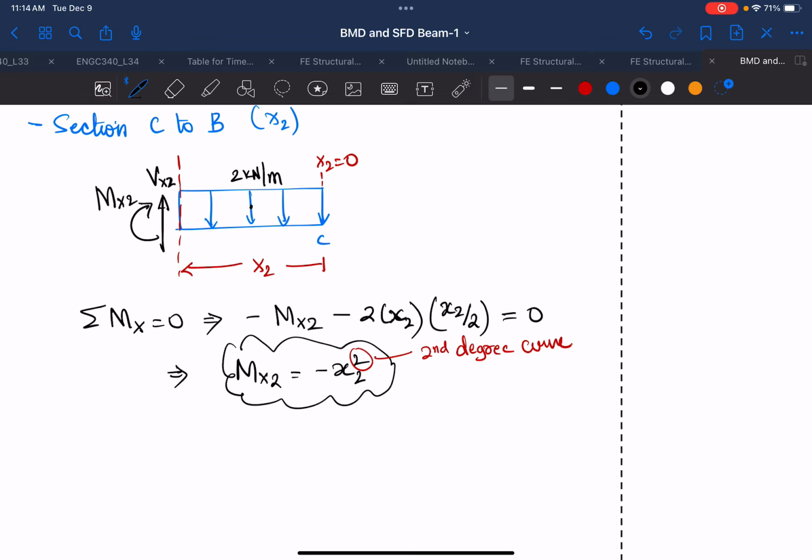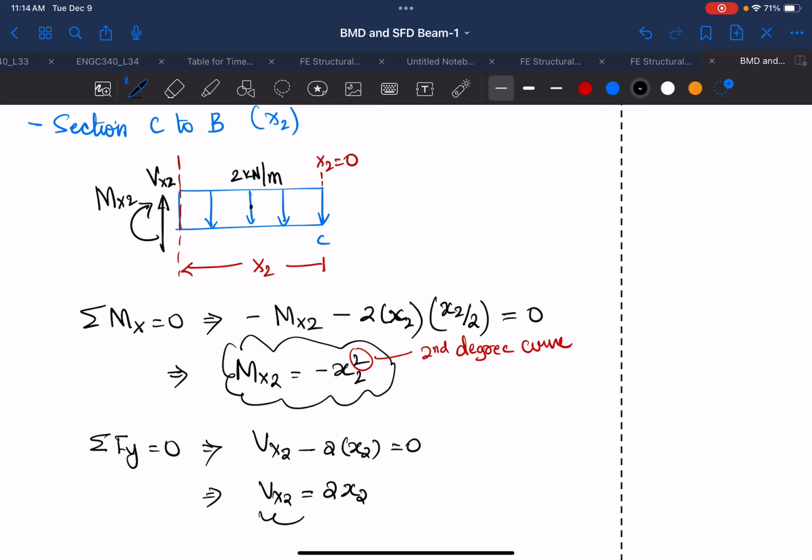Okay, so then if you take the force along the y direction, you'll get here your Vx2 minus 2 x2 is equal to 0, and this is Vx2 is equal to 2 x2.